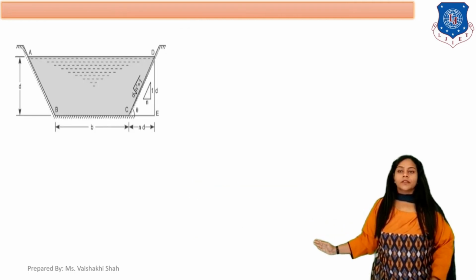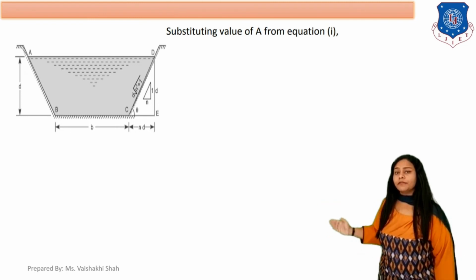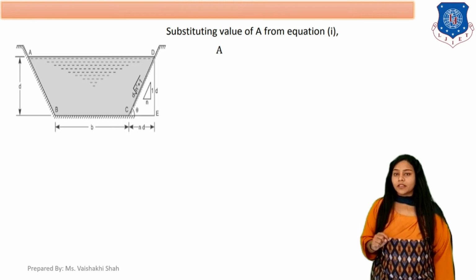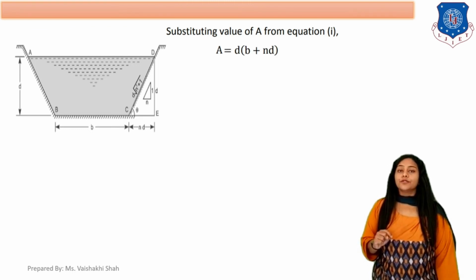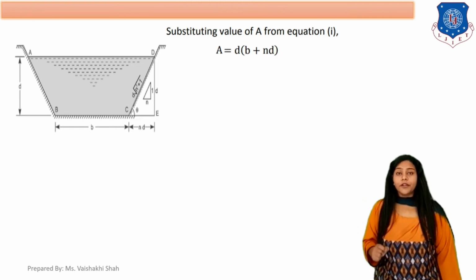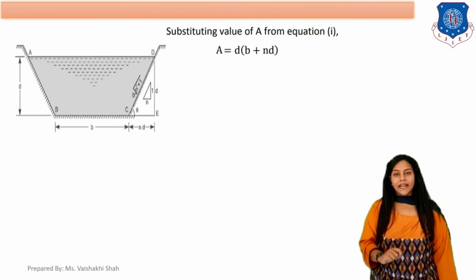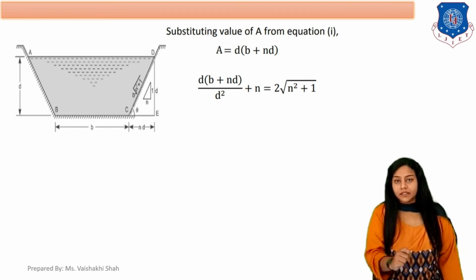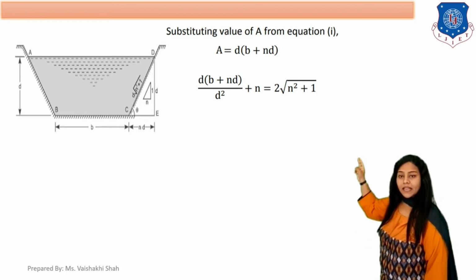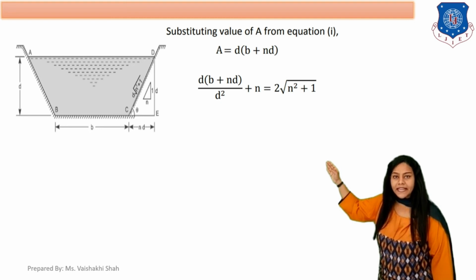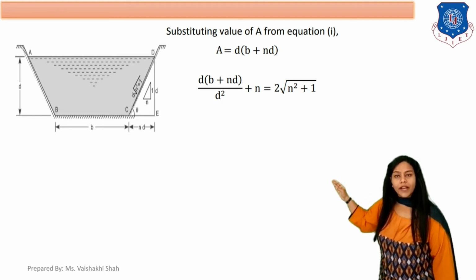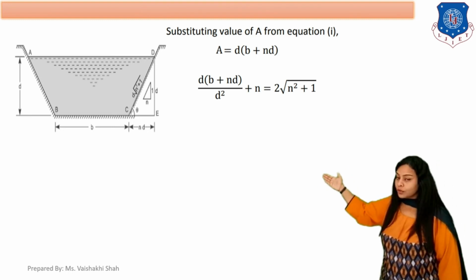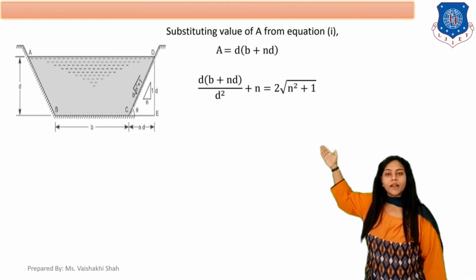Now substitute the value of A from equation number 1. What was equation number 1? A equals to D into B plus ND. Placing it, you get D into B plus ND divided by D square, plus N equals to 2 under root N square plus 1.